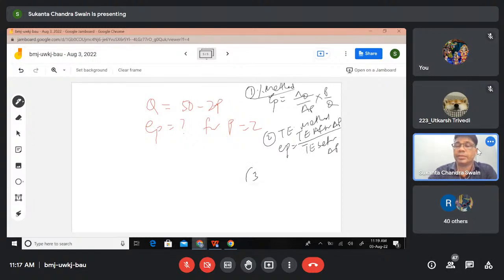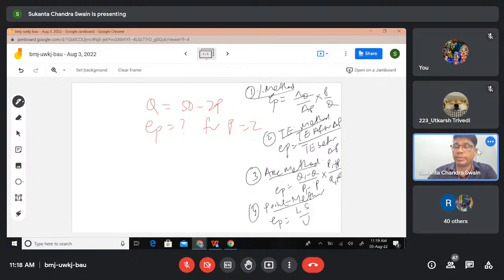The third was the arc method: EP is equal to (Q1 minus Q) by (P1 minus P) into (P1 plus P) by (Q1 plus Q). The fourth one was the point method, the straight line method: EP is equal to lower segment by upper segment.